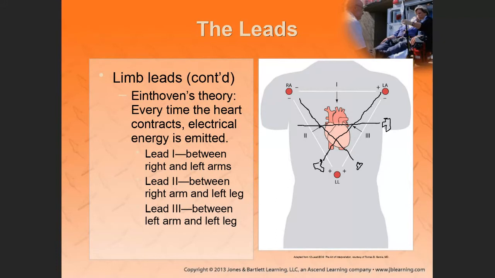The other 3 electrodes will form the leads, and we can only look at 3 limb leads, and these are bipolar because they have negative and positive. The leads that we will be able to look at is lead 1, which gives us a picture of the left side of the heart, lead 2, which gives us a picture of the inferior portion of the heart, and lead 3, which gives us a picture of the inferior portion as well.